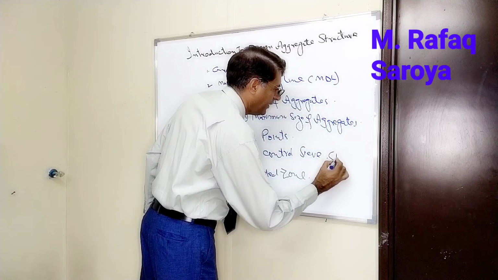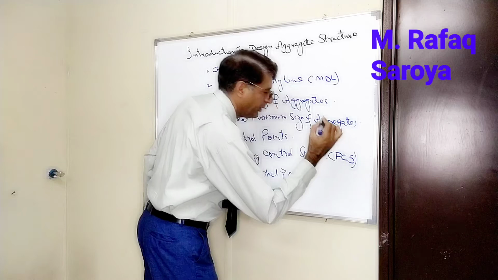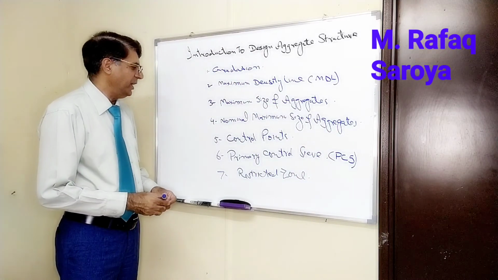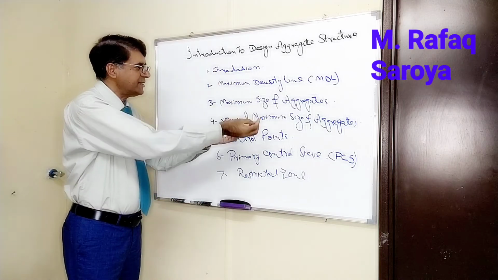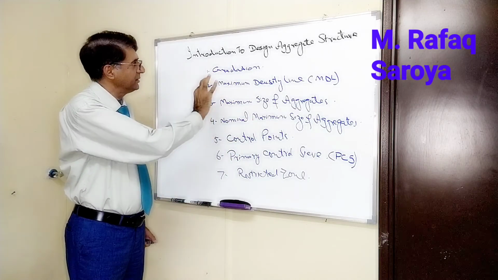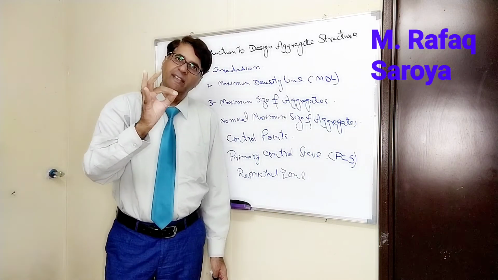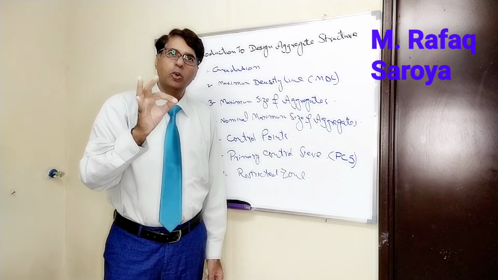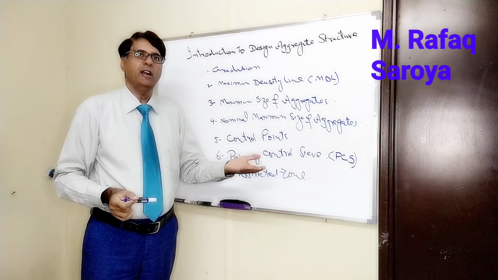Sometimes we also define a secondary control sieve, but here for the time being it is not required. And the next one is the restricted zone. So all this material written here is very necessary to explain. We will go on explaining each and every one of these items for your understanding.